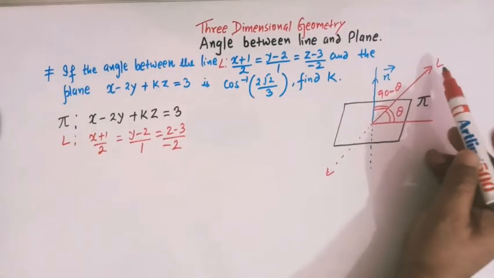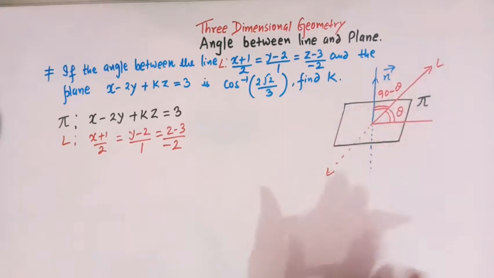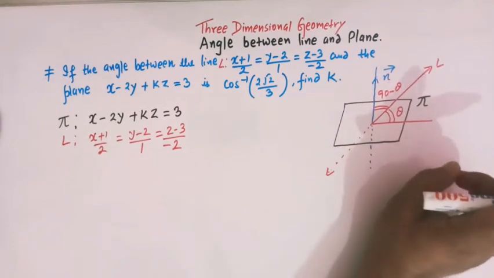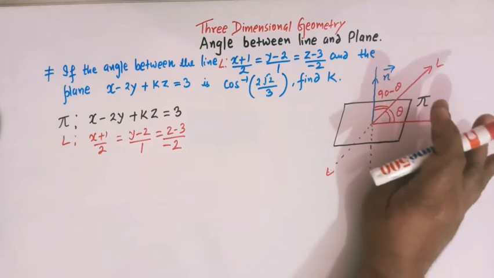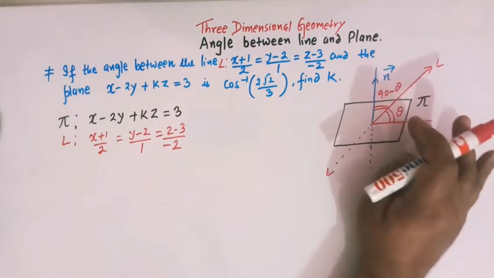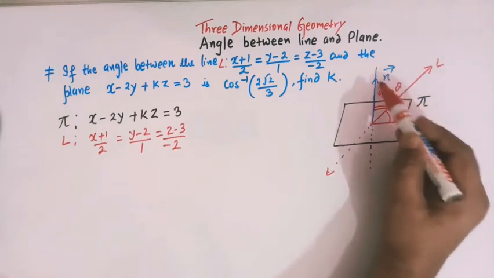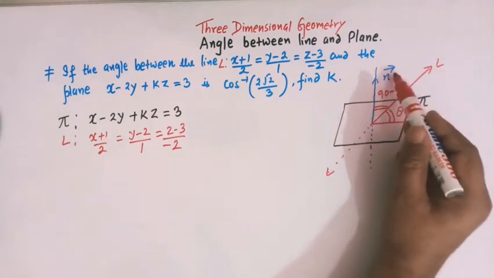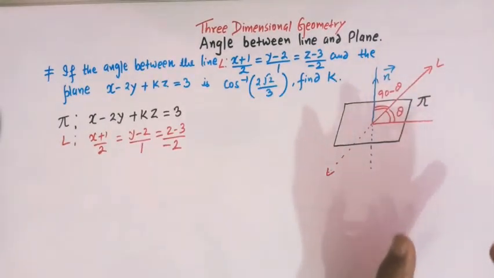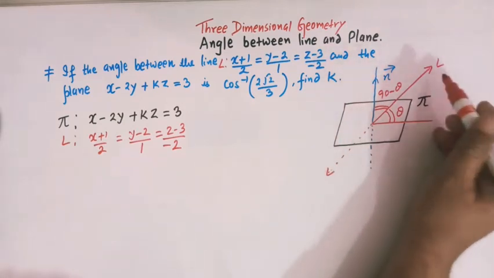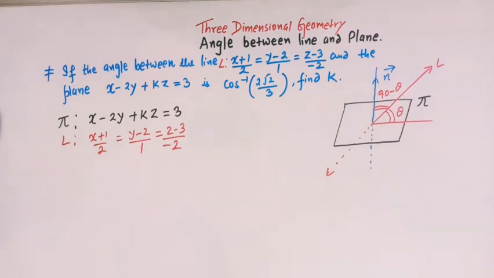So the angle between the line L and the plane pi is theta, but in three-dimensional geometry, what we do, we take the angle between a line L and the plane pi as the angle between the line L and the normal vector n, right? So the angle between a line and a plane is treated as the angle between a line and the normal vector to the plane pi.